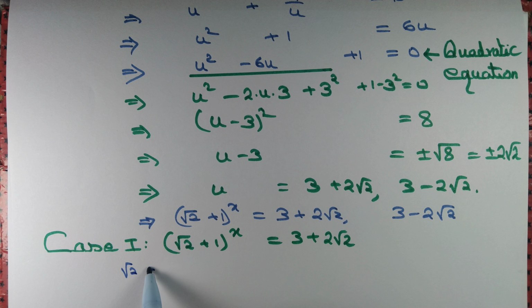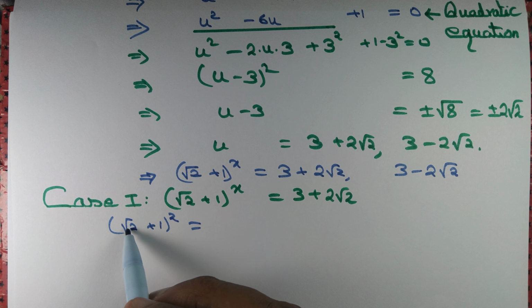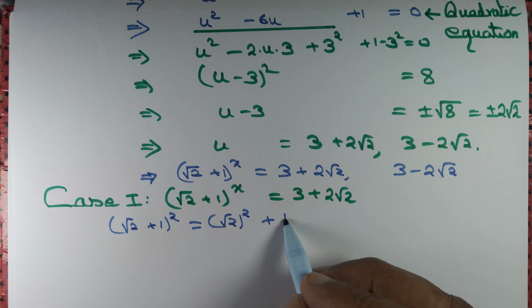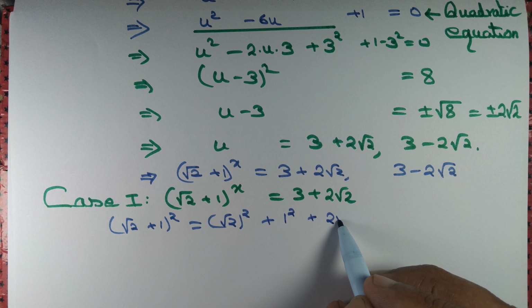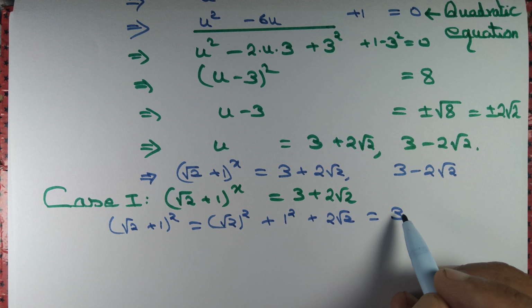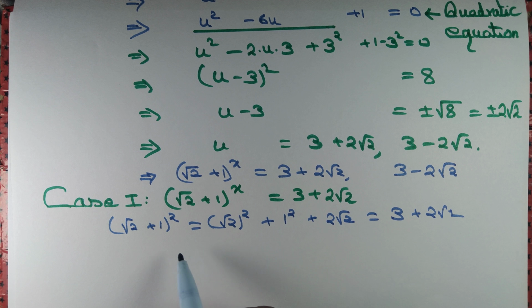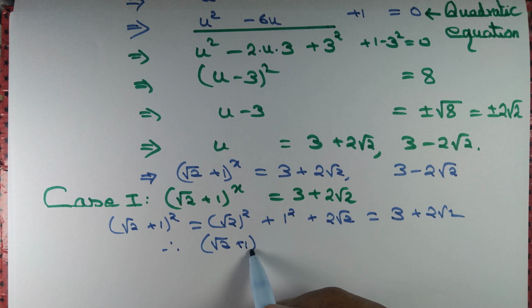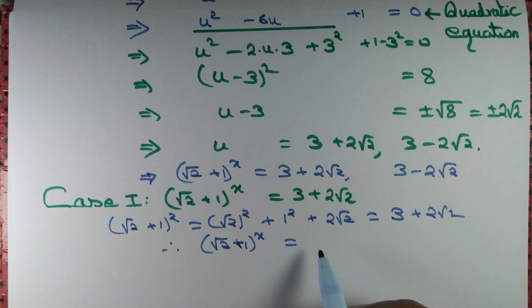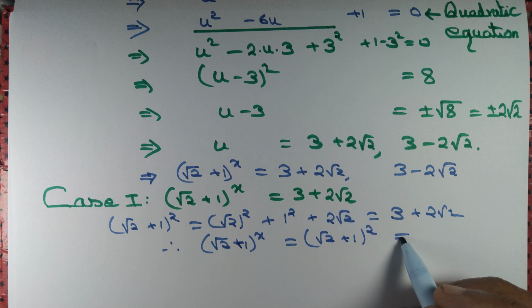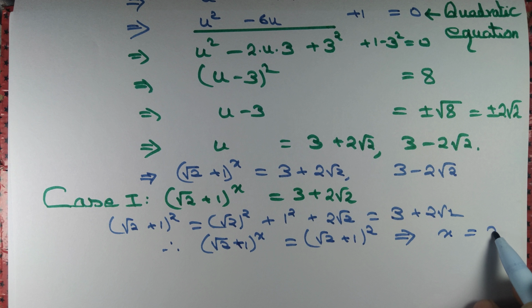(Root 2 plus 1) whole thing square, that's equal to root 2 square plus 1 square plus 2 root 2. Root 2 square is 2, 2 plus 1 is 3. Oh yes, 3 plus 2 root 2. Therefore we can say that (root 2 plus 1) to the power x is exactly equal to (root 2 plus 1) whole thing square. That implies x equal to 2.